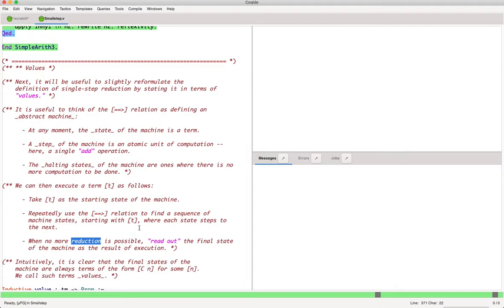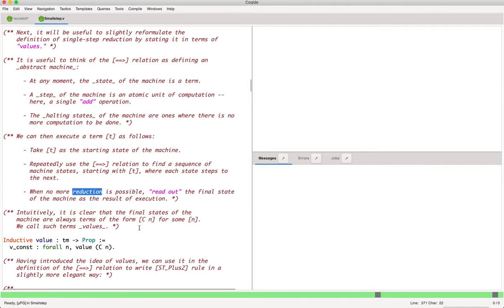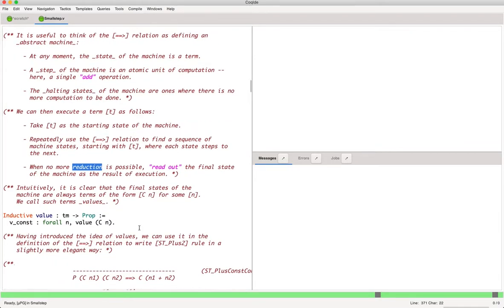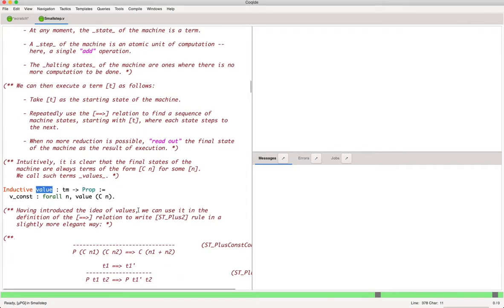Now for this particular language, it should be pretty clear that the only things at the end of the computation will be constants. For constants and pluses by themselves, we can always evaluate all the way to the end to get a constant. So we call those things values. In some languages there might be other kinds of values, not just constants.